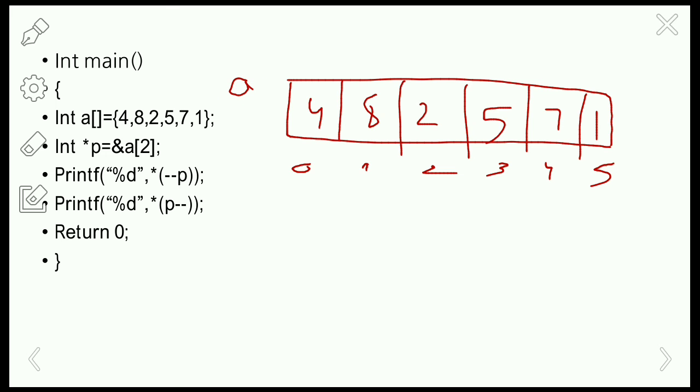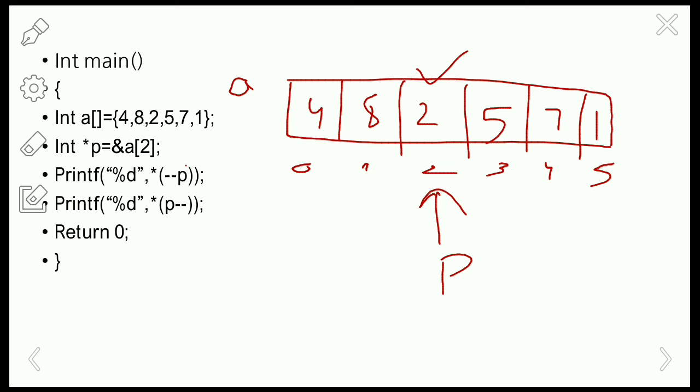So printf %d, and we have to consider the declaration part here. Declaration and initialization is done in a single statement. So pointer P is pointing to the address of A of 2. A of 2 is 2, right? So pointer P is pointing to the variable A of 2, that is the value 2.